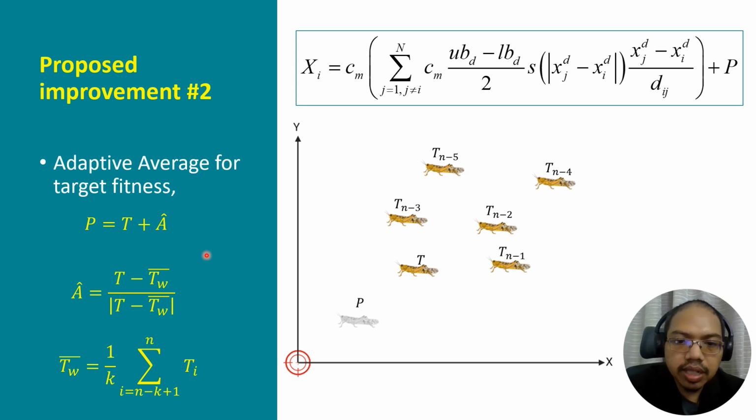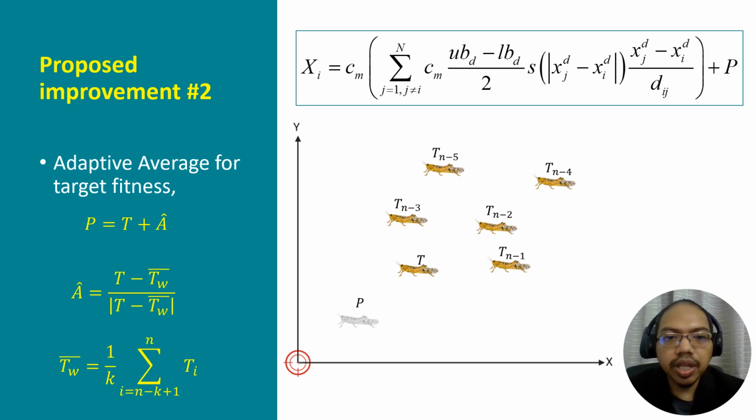And then by using that vector, which is A, we can just add it to T. Now this is something like a prediction, whereby instead of just using T, we actually predict the next position or next best position. So it can actually help our algorithm to move faster towards a convergence value by using this method.